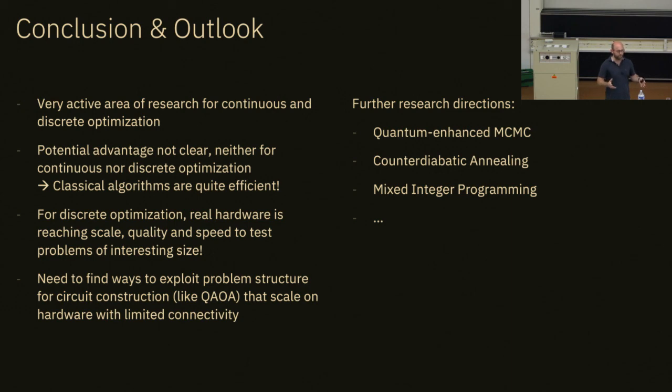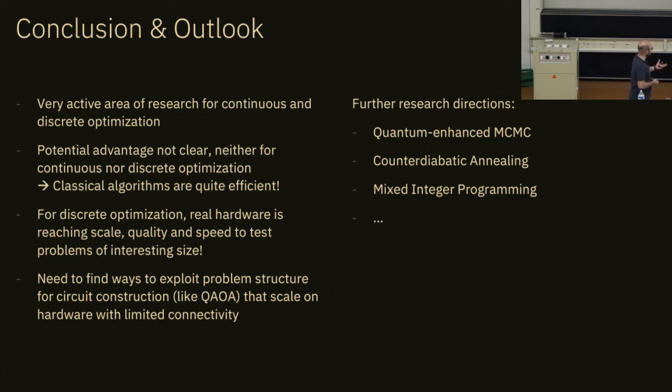So we need to find ways to build circuits based on problems. QAOA is one example, where you take an operator and derive your circuit. But maybe we find different rules or approaches like that for things like quantum natural SPSA as well. So this is a research direction that I think is important.